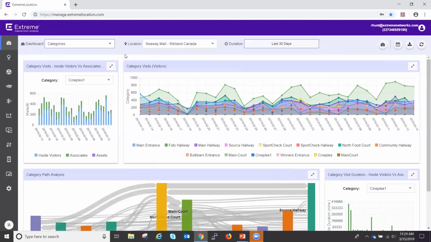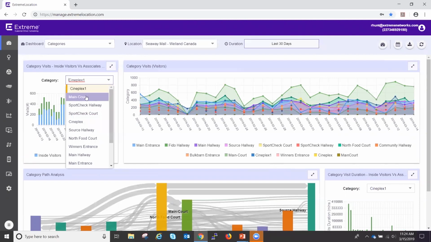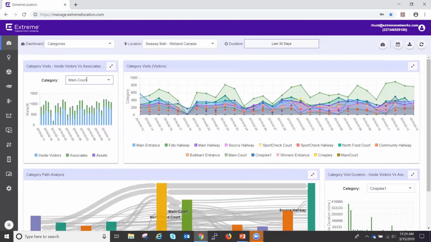The second dashboard that we created was based on those zones, so those zones being categories. We've tied the courts and we've tied the hallways so that we can see out of the 12,000 people that attended the March 2nd event, what did the main court look like?